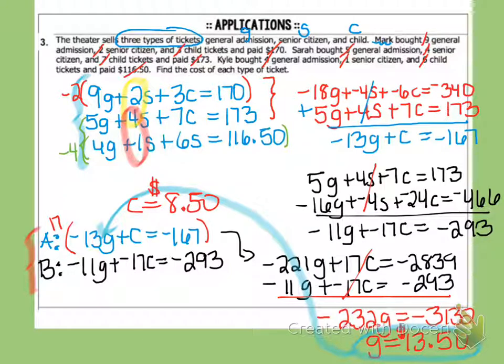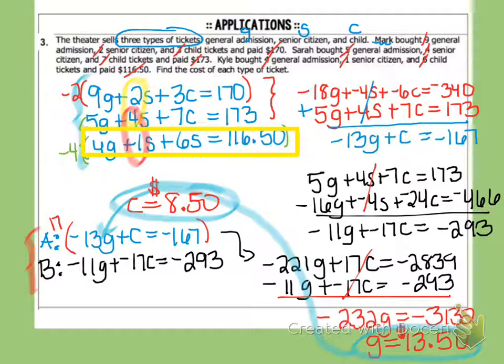So now that I know children and I know general admission, my final thing left to do is to find out what senior citizen tickets are. And so we're going back to one of the original equations, and probably the smartest one to pick is going to be this one right here, because that has the easiest S value. It's just got a coefficient of 1.